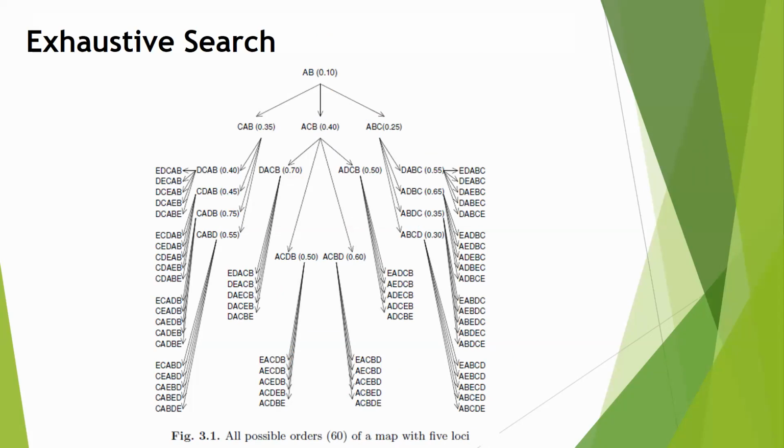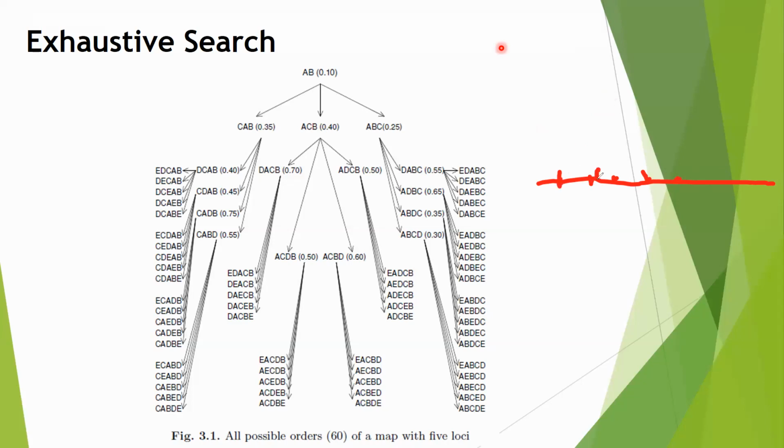So let's look at this slide. This slide is actually a very simple, easy situation. Suppose we're only dealing with 5 loci. On a chromosome, actually there could be many loci, right?